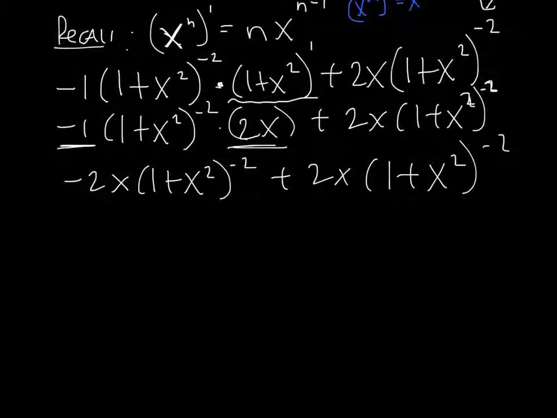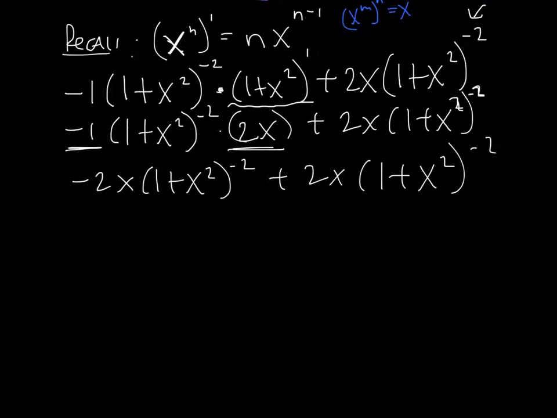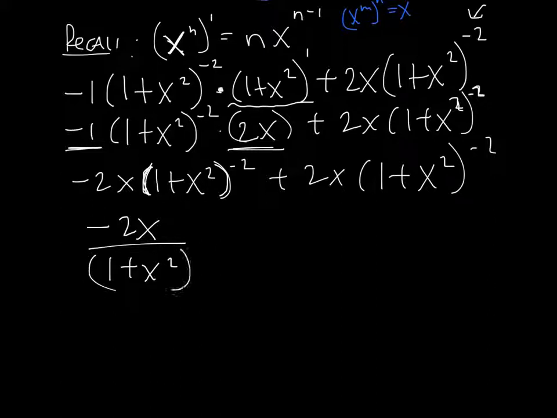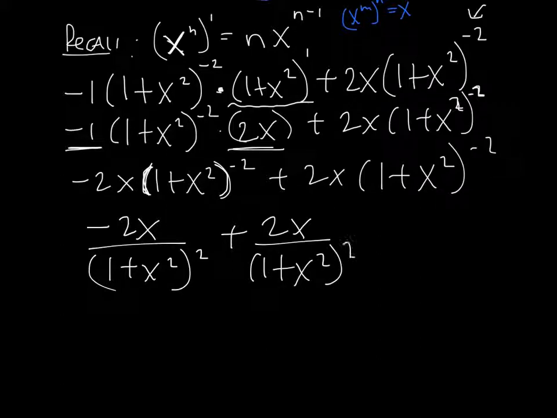Okay, so we're almost done. In algebra, when we have negative exponents, we want to rewrite them as positive exponents, so we're just going backwards here. Negative 2x times another factor, 1 plus x squared, I'm using the 1 over x to the n rule, plus 2x over 1 plus x squared squared.